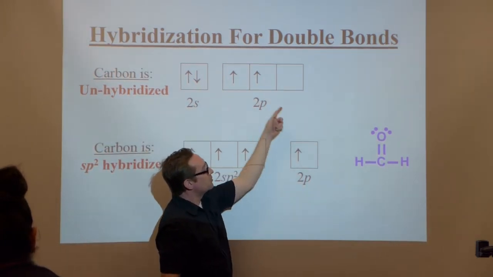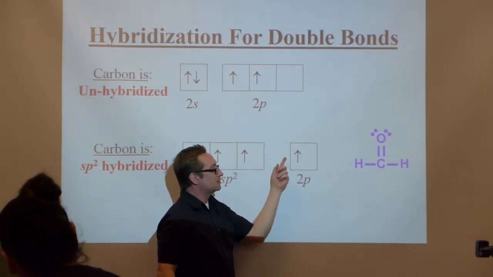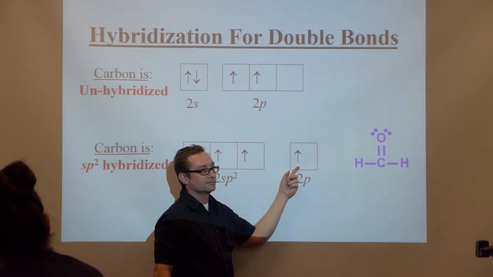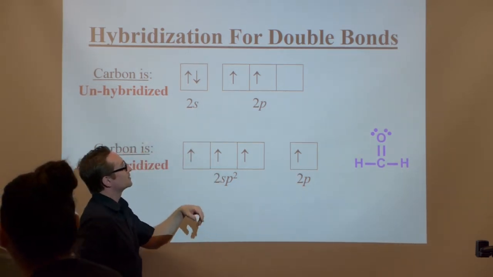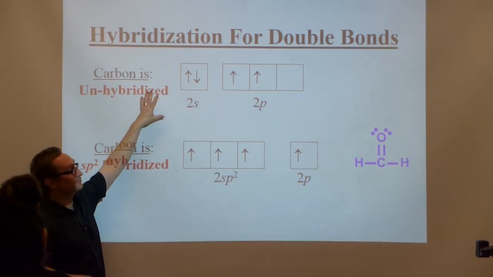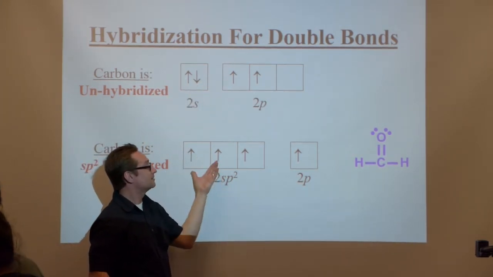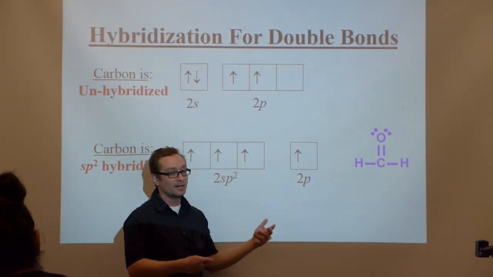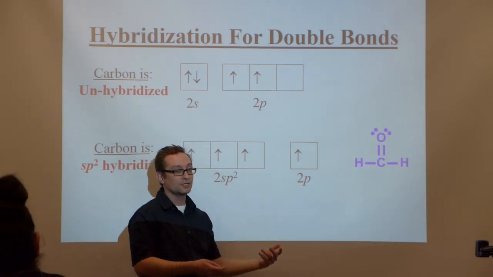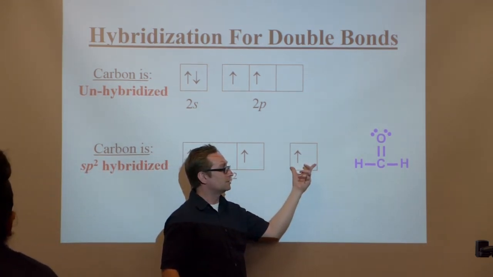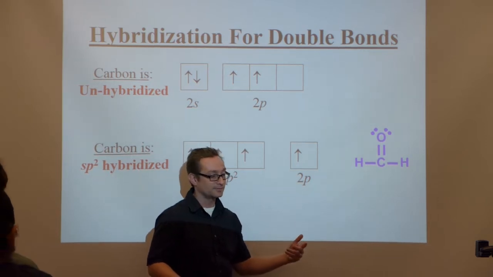There's going to be 1 left over, and this will be used to make the pi bond with oxygen. So carbon, unhybridized again, 2s2, 2p2. We take 3 out of there, make them all the same so that they can bond according to the trigonal plane shape, and then this 1 extra electron is left over for a pi bond.